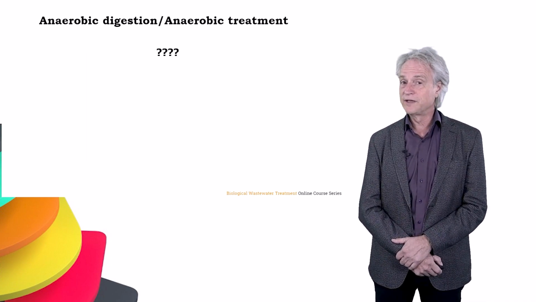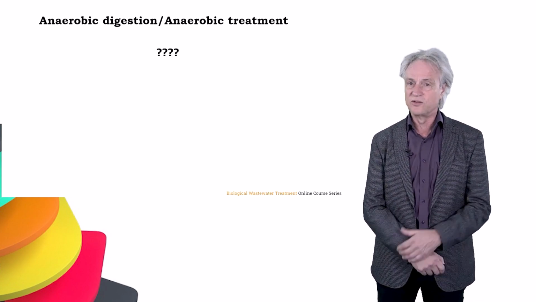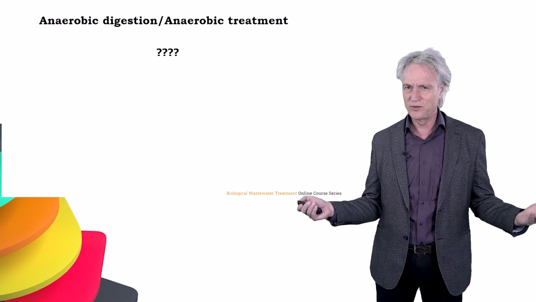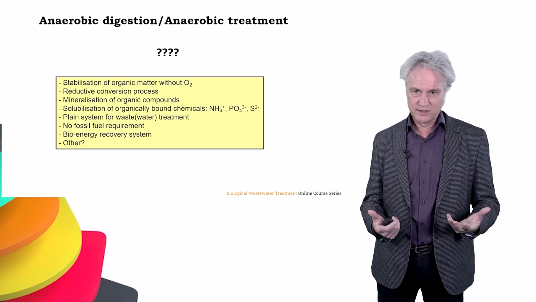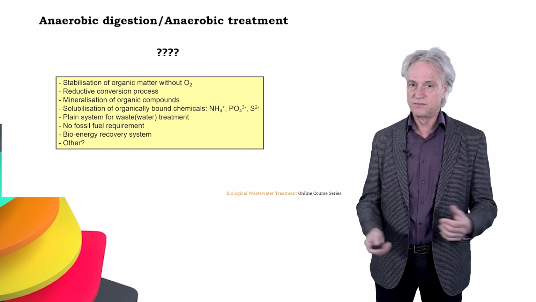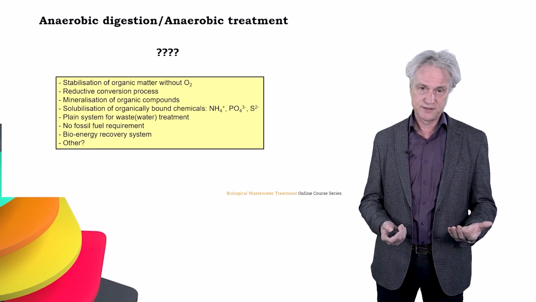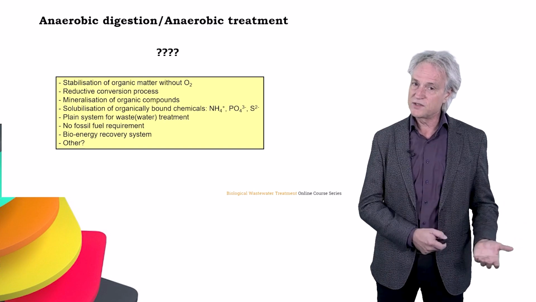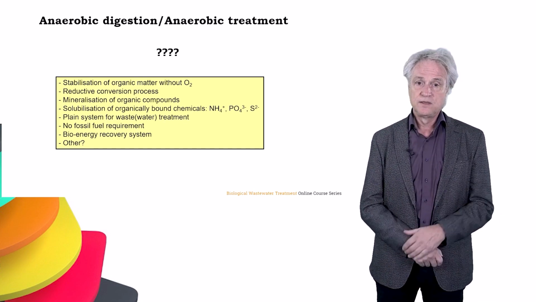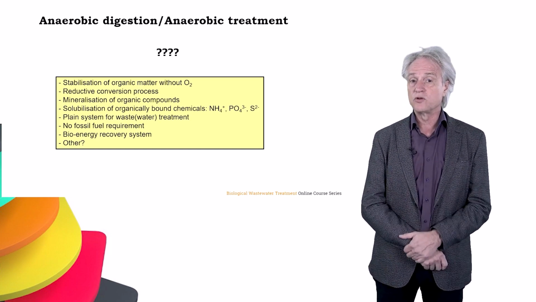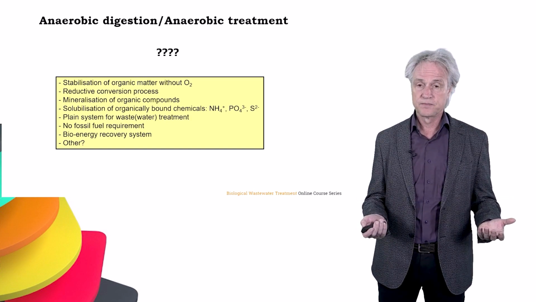Now first, to get introduced to this topic, we have to realize what anaerobic digestion and anaerobic treatment are. We stabilize organic matter without the presence of oxygen, meaning the process is a reductive conversion process. We are mineralizing organic compounds to their mineralized end products. That means we have a solubilization of organically bound chemicals like ammonium, phosphate, and sulfides.